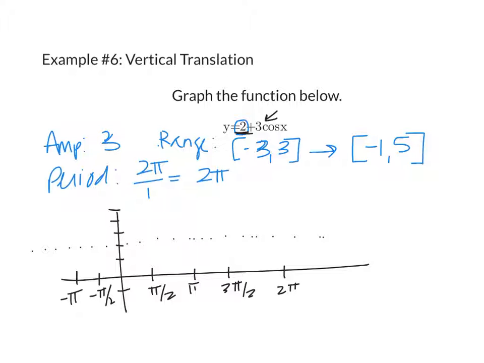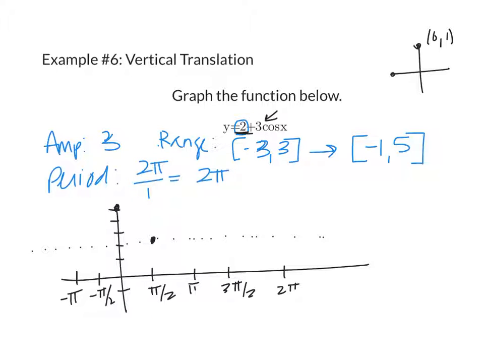So cosine of 0 for this function will actually be 5. Cosine at pi over 2 is typically 0. However, it's going to be 0 times 3, which is 0, and then plus 2 gives you 2. So it ends up being there.